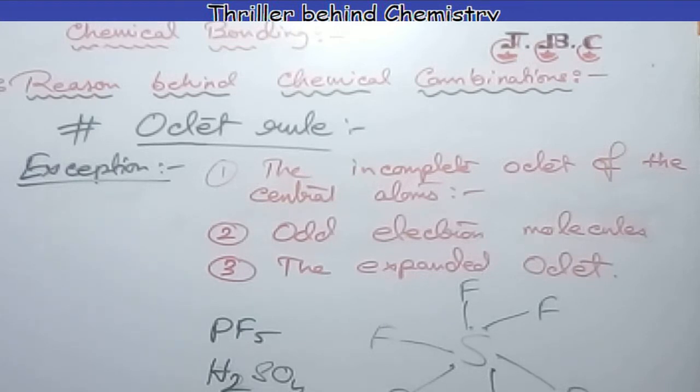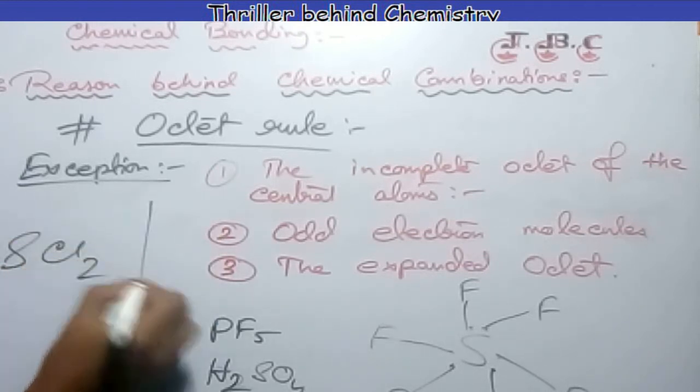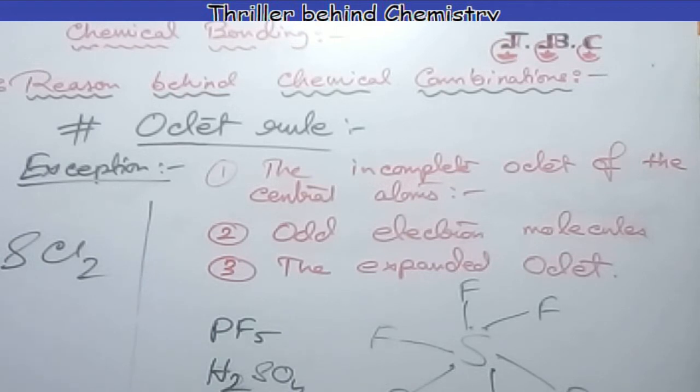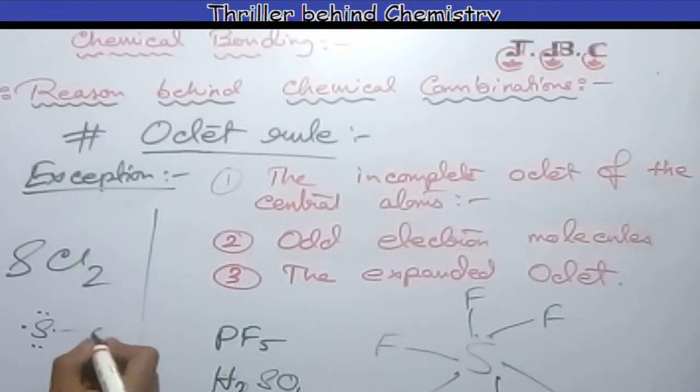Sulfur also forms many compounds in which the octet rule is obeyed, that is sulfur dichloride. Sulfur has 6 valence electrons, that is 1, 2, 3, 4, 5 and 6, and chlorine, a halogen, makes only a single bond to attain stable electronic configuration.